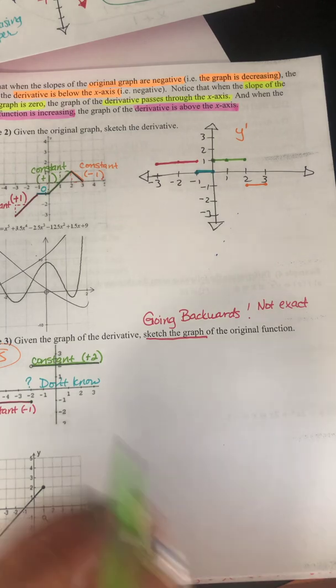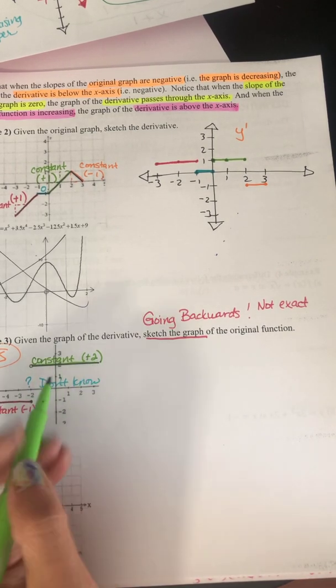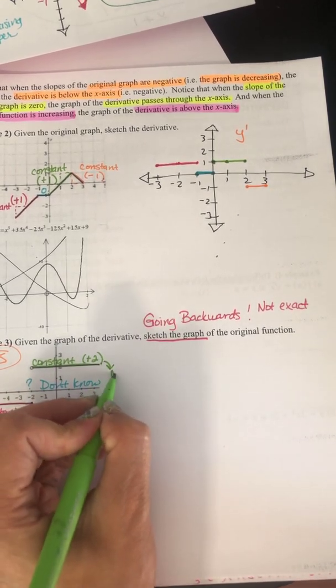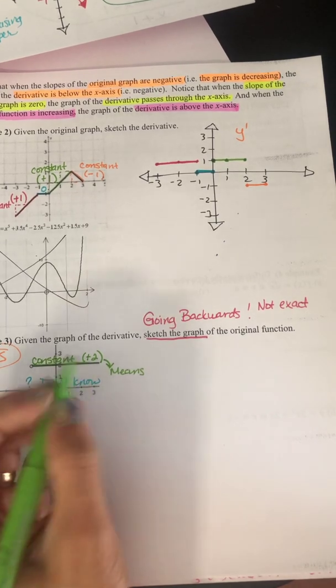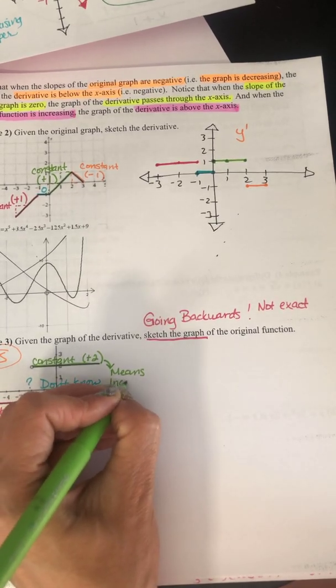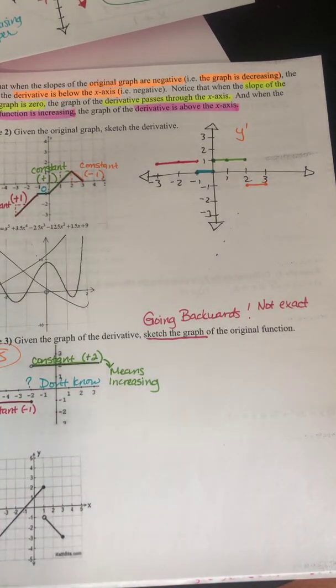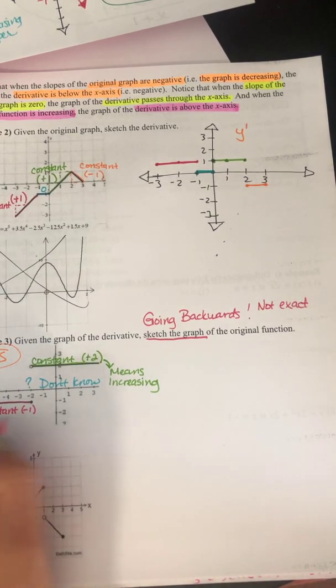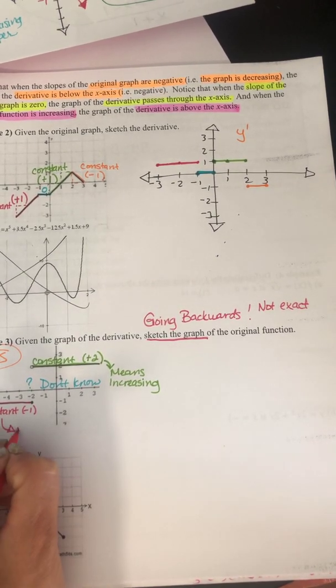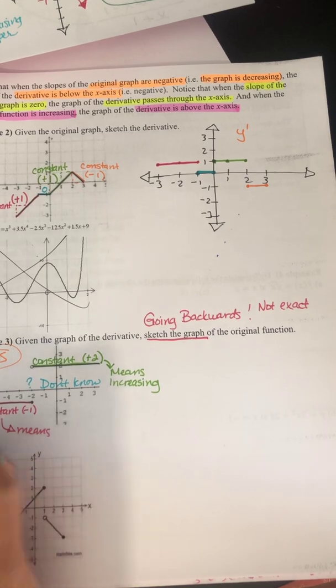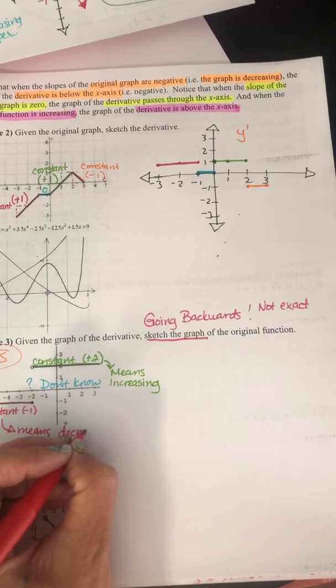Okay, so when the slope is positive, remember, that means this is where the graph is increasing. And on the flip side, when the slope is negative, this means that that's where the graph is decreasing.